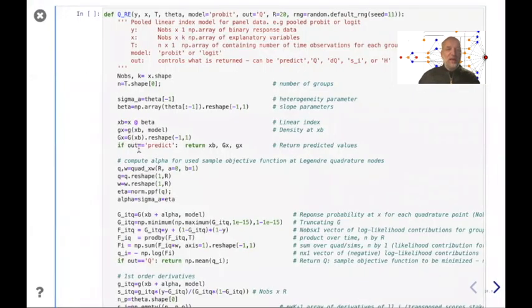Then once you got your weights, I do a little bit of reshaping because I want them to be 1 by R. The number R is the number of nodes. Because then when I multiply with other things, it's just going to broadcast nicely. So I have always the quadrature nodes in the columns. Okay. Then I calculate eta, which is basically the quadrature nodes evaluated at the inverse CDF of the standard normal.